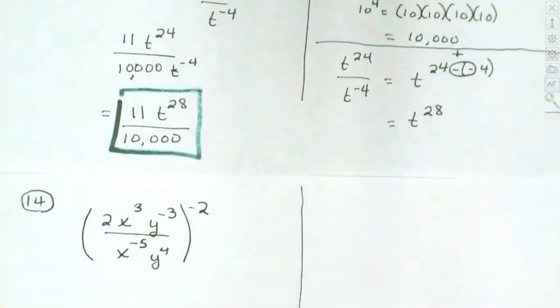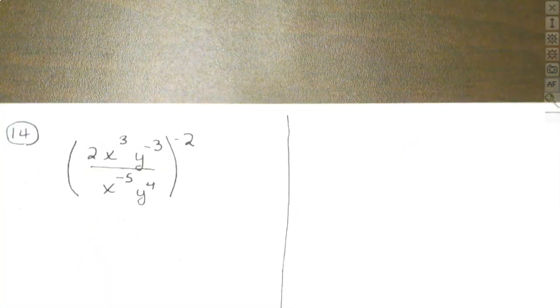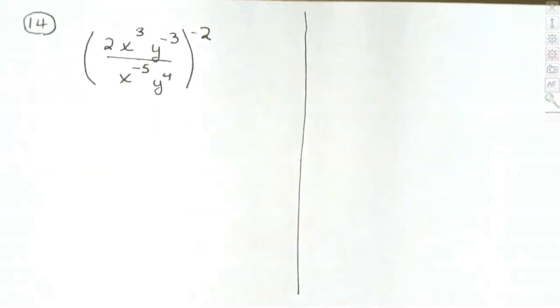And again, there are many, many ways to work this one out. You could just distribute that negative 2 through first, but I think that would be more confusing than just reducing down the fraction at the beginning. So let's follow order of operations. Let's do our parentheses first.